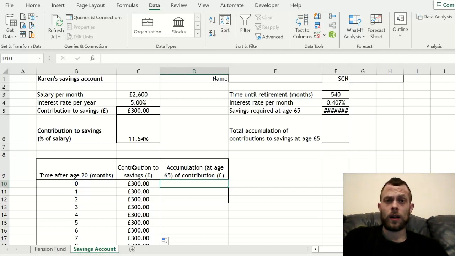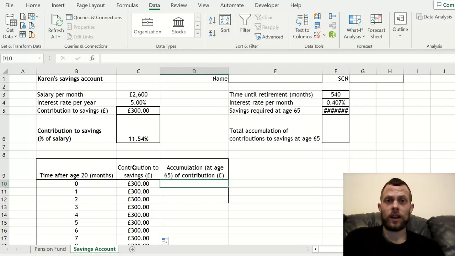The initial money coming in will be in for 540 months. The one coming in after 1 month will be in there 539 months.